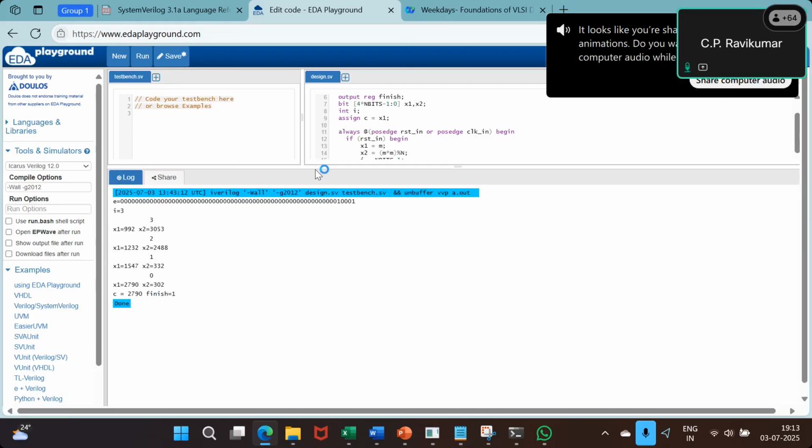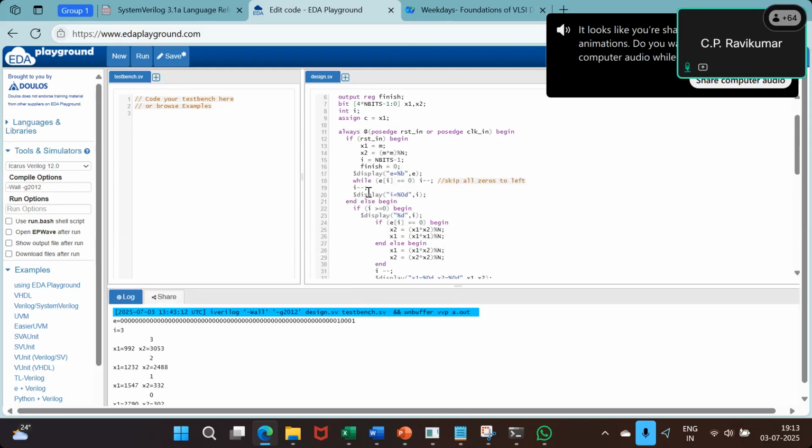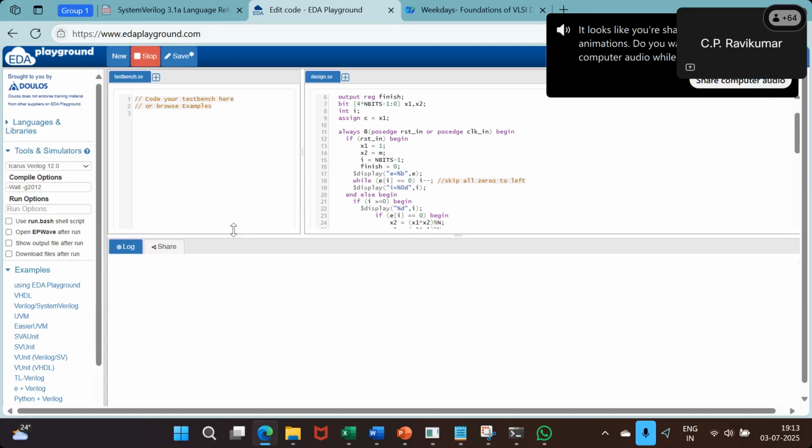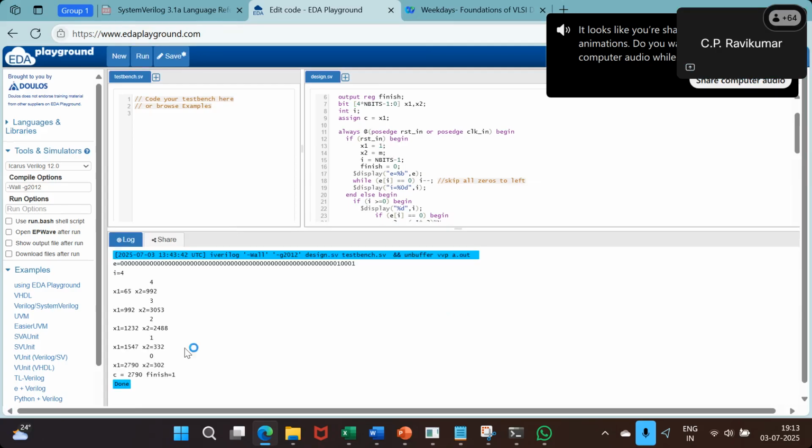Or, if you don't want to do it this way, you can initialize this to 1 and m. Both are okay. This also gives the same answer.